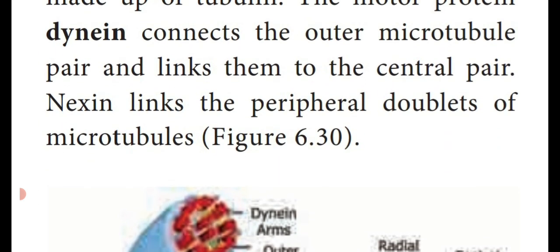The movement of cilium is similar to the flagellum, that means axonemal dynein force. Dynein absorbs energy from the ATP and bends the cilium. The nexin connects the outer doublets to the central microtubule.